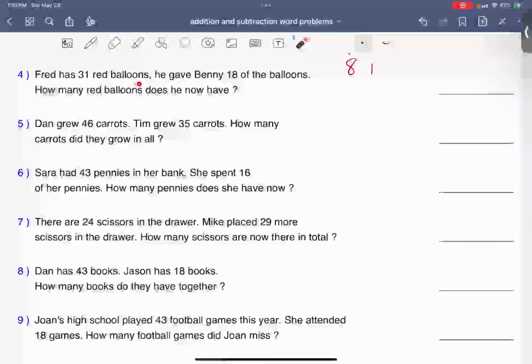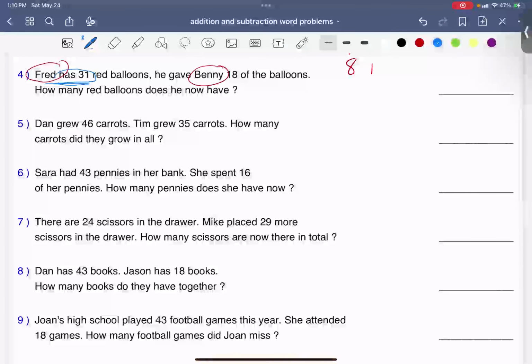Fred has 31 balloons. He gave Benny 18 of the balloons. How many balloons does he have now? So I see Fred, there's Benny. I see he has, so that's having 31. Then gave, this is not having.